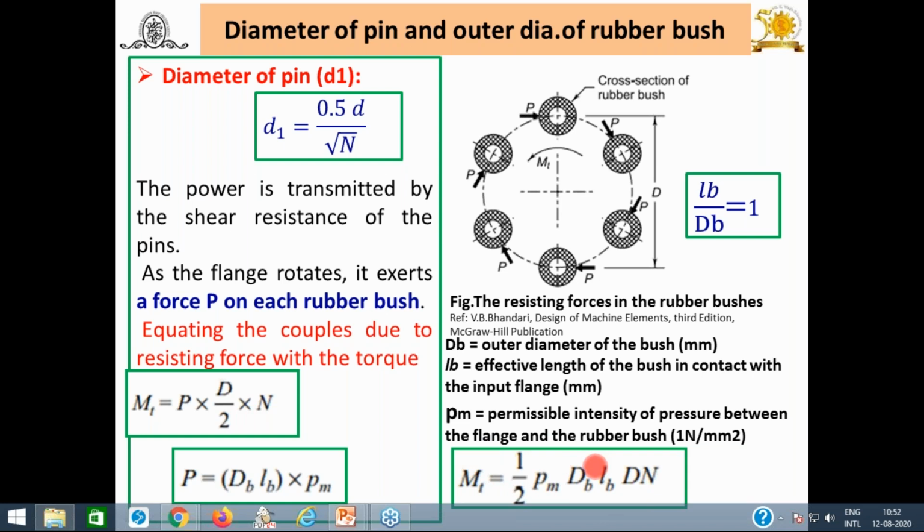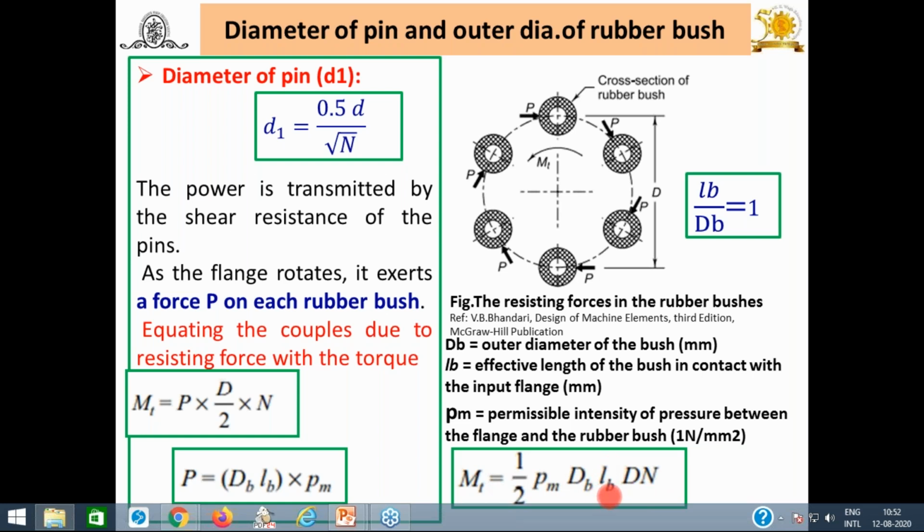This is the expression. Now by using this expression, you know the MT. You select the intensity of pressure between flange and rubber bush, that is 1 Newton per mm square. You know D, the PCD, is equal to 2d or 3d or 4d. N means number of pins. So by using this expression, you will get the outer diameter of the bush or the length of the bush.